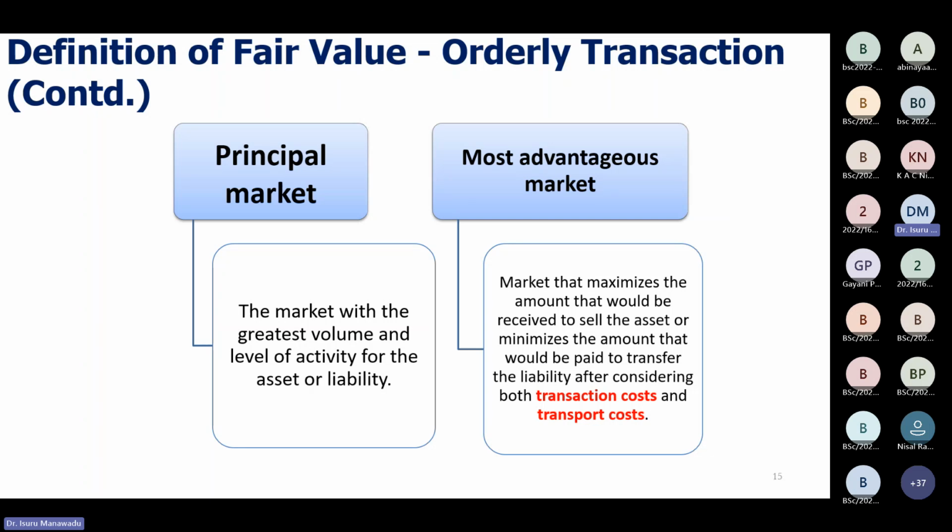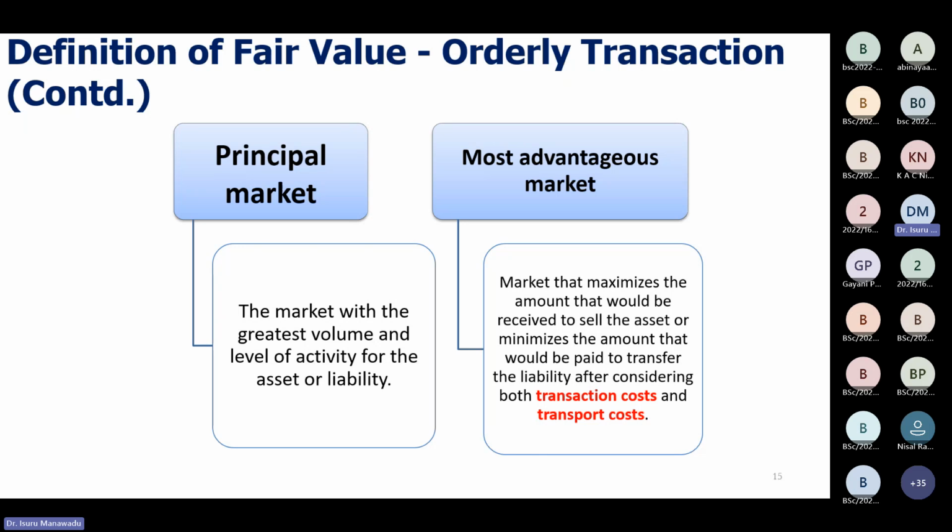You understood that, right? Then we'll take most advantageous market. In the absence of a principal market, we can identify the most advantageous market. How are we going to do that?